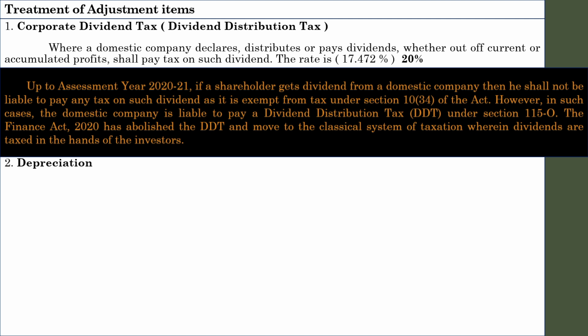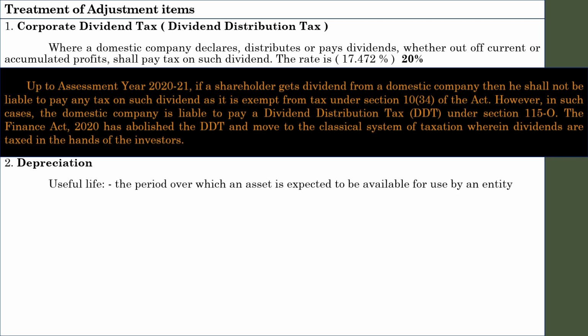Next one, depreciation. I believe you all know what is meant by depreciation. Depreciation is deduction in the value of a fixed asset. So in depreciation, from the problem point of view, you need to have some idea about some terms. First of all, useful life.